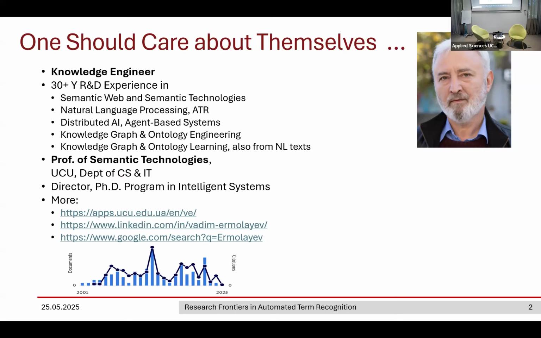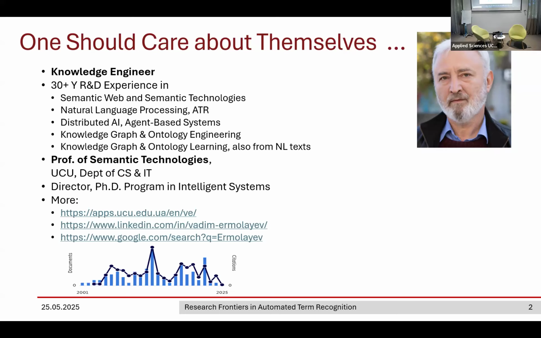Currently, I'm a professor of semantic technologies here at UCU at the Department of Computer Science and Information Technologies. I'm also directing a PhD program here, and therefore I'm responsible for this summer school, which is proposed by our first-year PhD students.